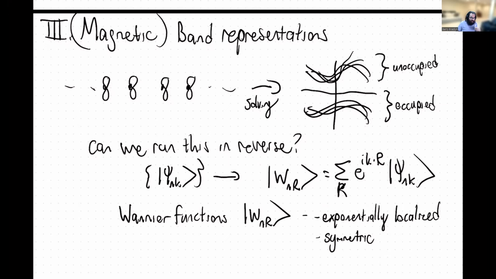We can ask the following question. Let's take the Hamiltonian for our insulator and let's try and adiabatically change it to be the Hamiltonian for a bunch of isolated atoms that aren't talking to each other.